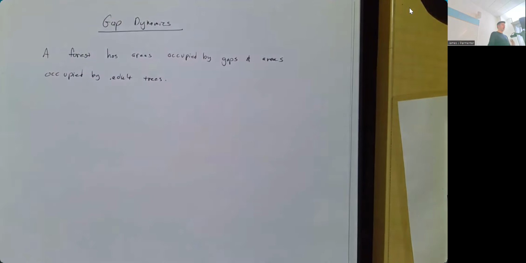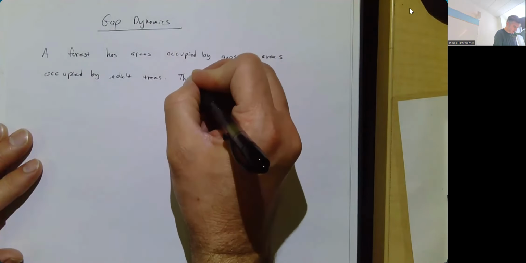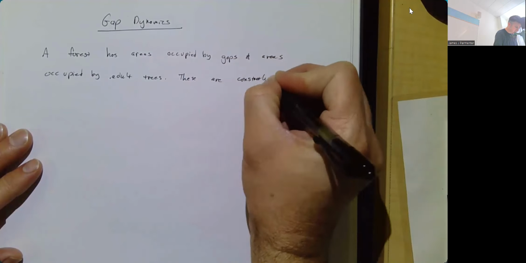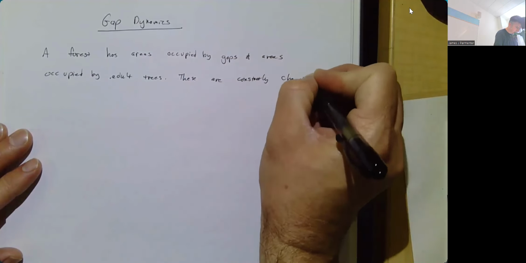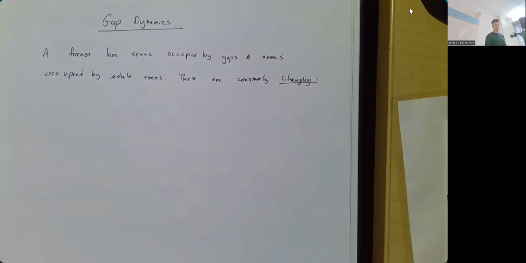And it's either one or the other, right? There's either adult trees there or there aren't adult trees there. And if there aren't adult trees, even though there might be other vegetation, we're going to call that a gap. These areas are constantly changing. And that's the key word, changing, right? Things are changing, then we know we're going to have some differential equations.